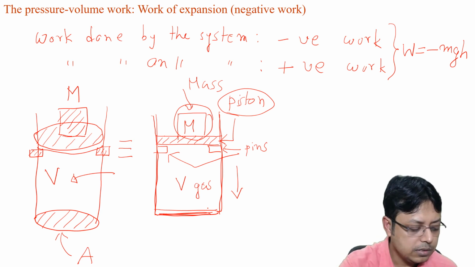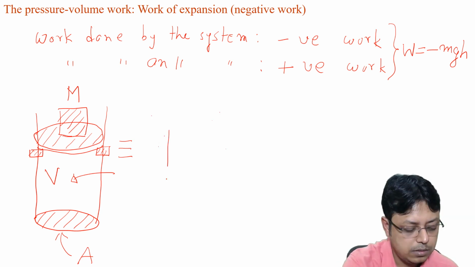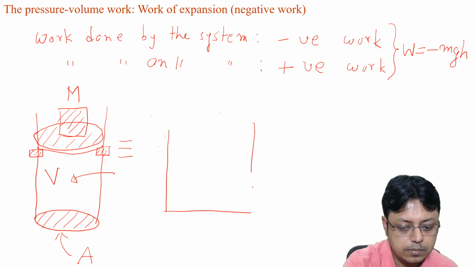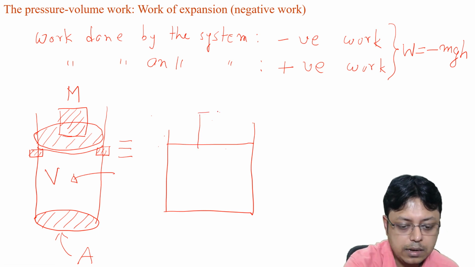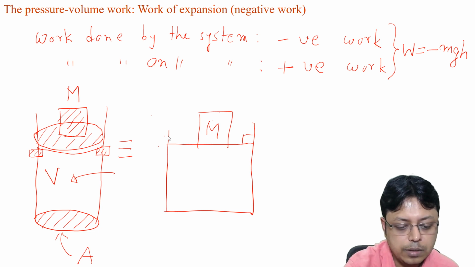Now think about it. Suppose this is our system and this is the piston, and then we have kept a mass on it, and suppose the pins are connected like this.